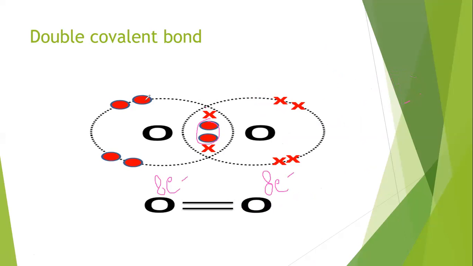Count for this atom 1, 2, 3, 4, 5, 6, 7, 8 and count for this atom 1, 2, 3, 4, 5, 6, 7, 8. So octet of both atoms are completed by sharing their 2 electrons. Double covalent bond is represented by double lines.